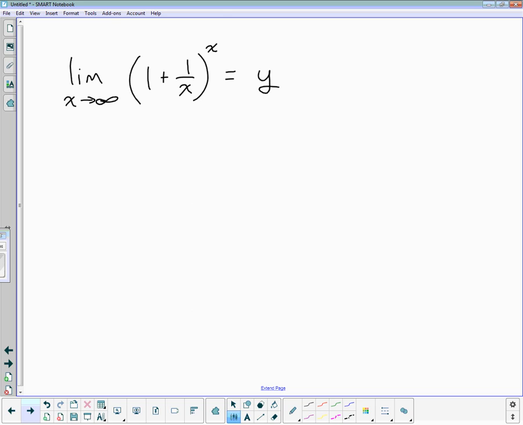So if I apply that, now I use my exponent rules.